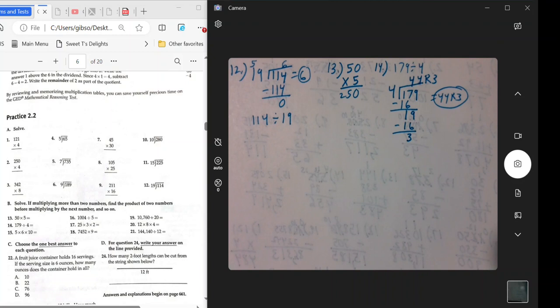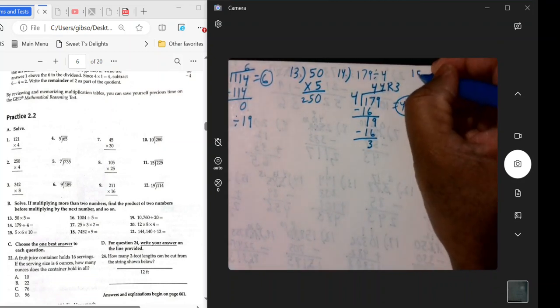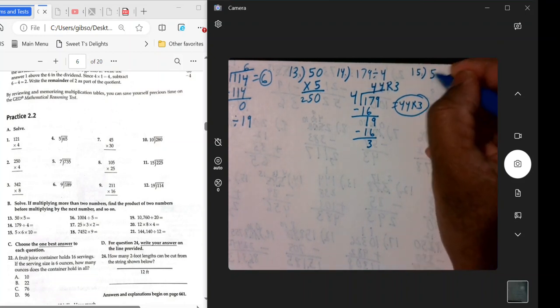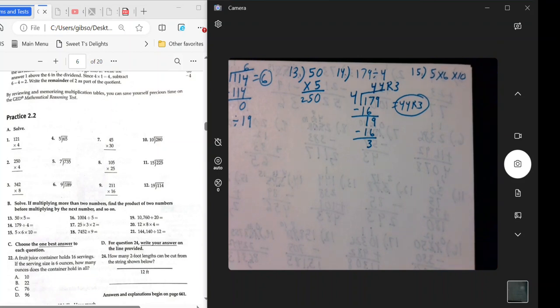Okay, now we go here to 15. Now 15 is an interesting problem. I want to write it out. So 15, we have 5 times 6 times 10. Now, multiplication is like addition. It is commutative.